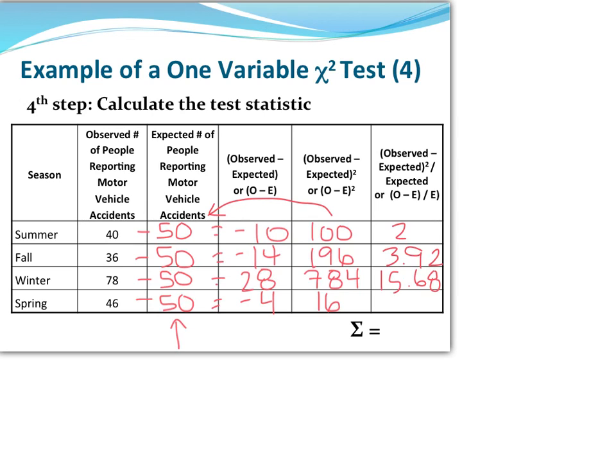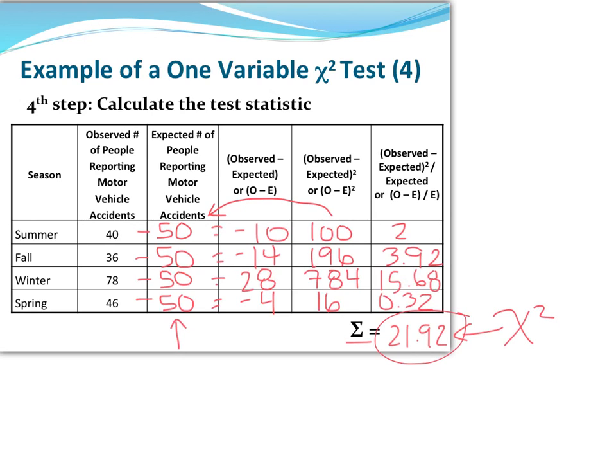And 16 divided by its expected frequency of 50 will get us 0.32. Adding each of these values together to find the sum will get us our chi-squared statistic of 21.92.